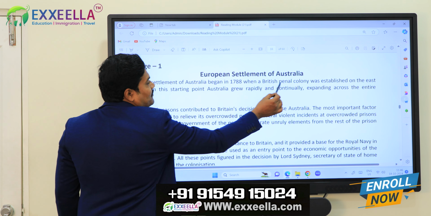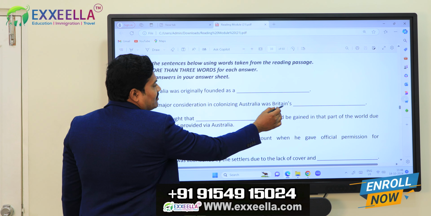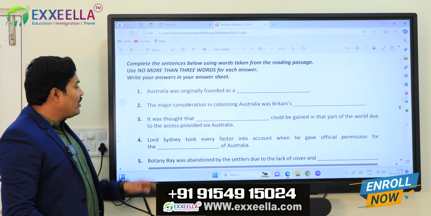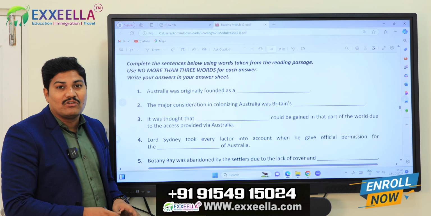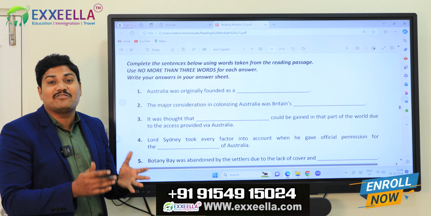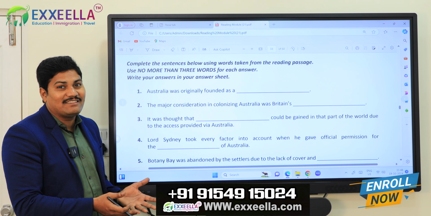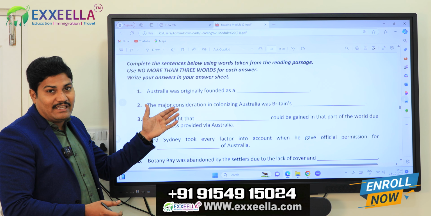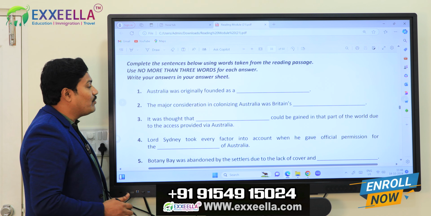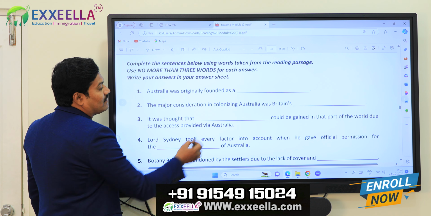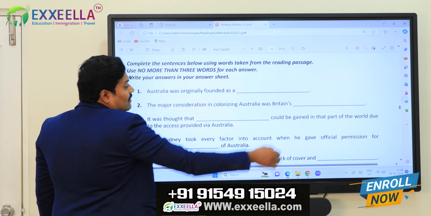Coming to the second one, the major consideration in colonizing Australia was Britain's. The question is asking about the major consideration to colonize Australia. So what is the major consideration? Let's focus on these keywords: major consideration, colonizing Australia, Britain's.